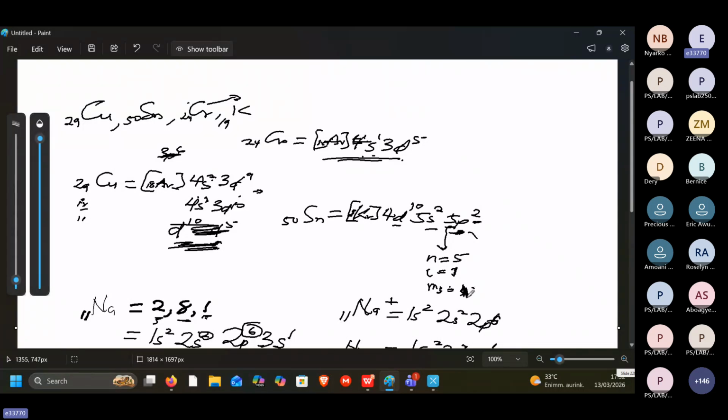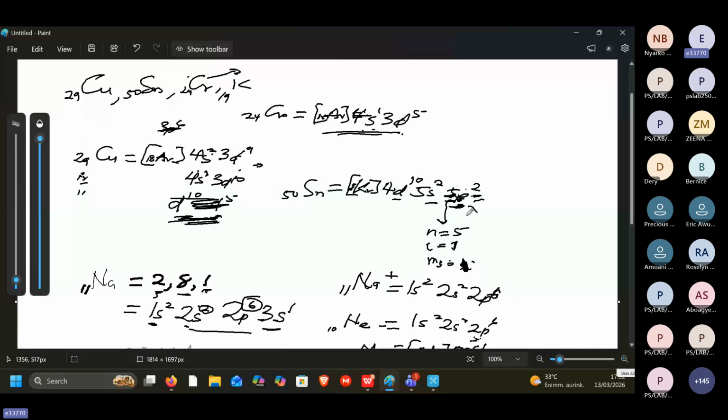So when I want to locate tin, I should look at the 5th period in the P block, and then group 2 in the P block. That is where tin can be located. You get me?